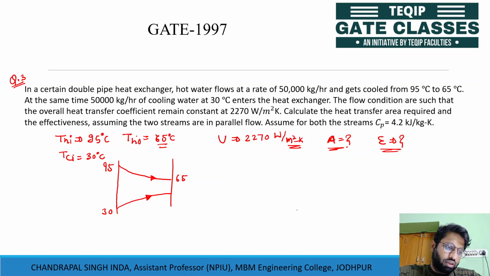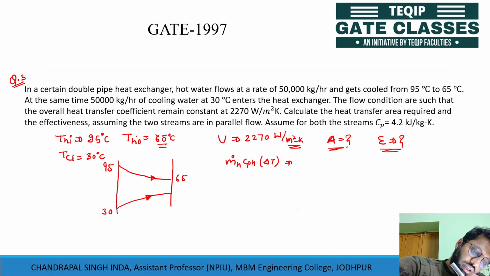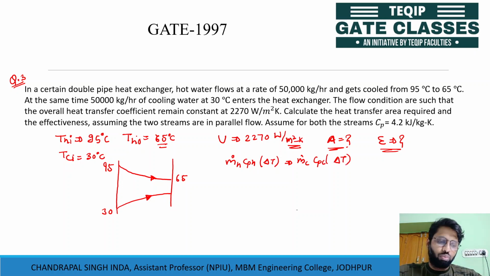It is given that the product of mass flow rate and specific heat of both fluids is the same, means m dot h cph multiplied by delta T is equal to m dot c cpc multiplied by delta T, as the heat given by the hot fluid is equal to the heat gained by the cold fluid. So we will have these terms cancelled out.